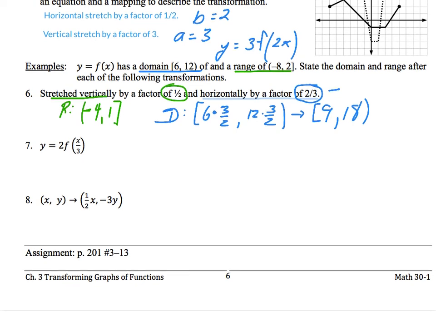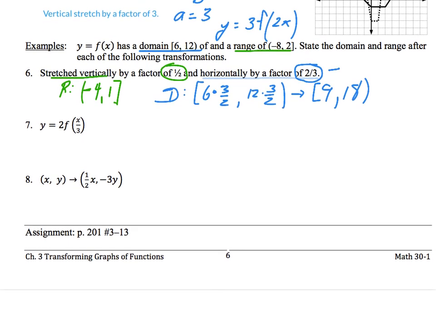As we look ahead to question number 7, the 2 multiplied in front of the function, again, will affect the range, so that'll be a vertical stretch by a factor of 2. So we'll double our range values. So it'll now be from -16 up to +4.